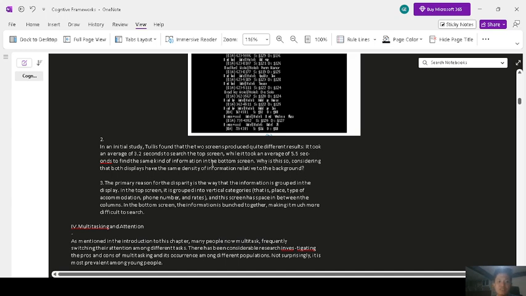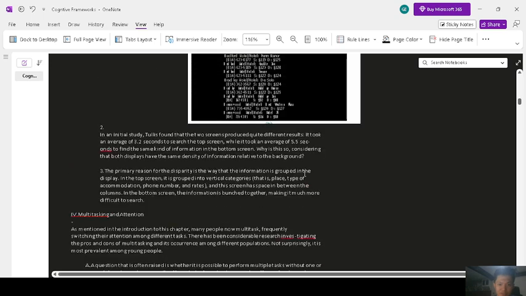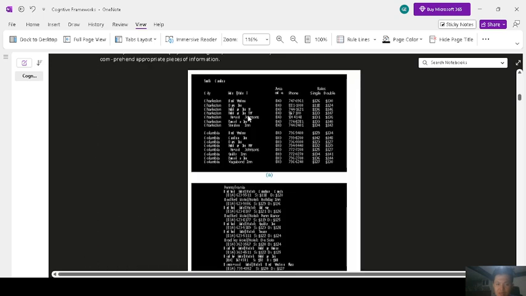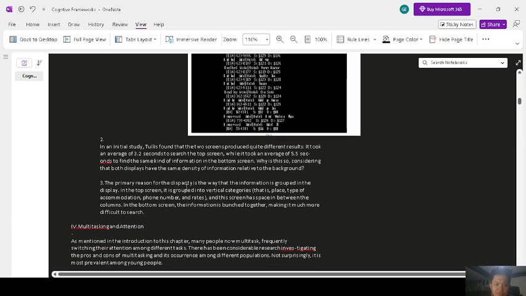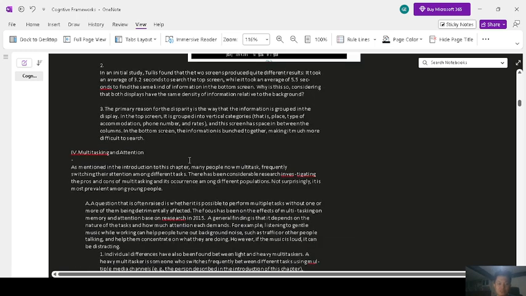Why is this so? Considering that both displays have the same density of information relative to the background. The reason is that this breaks the information apart, so it allows our cognitive brain to have a clear focus at the time. The primary reason for this disparity is the way that information is grouped in the display.